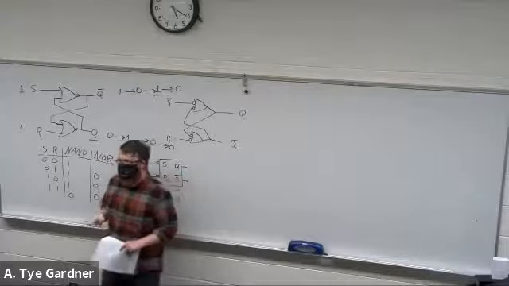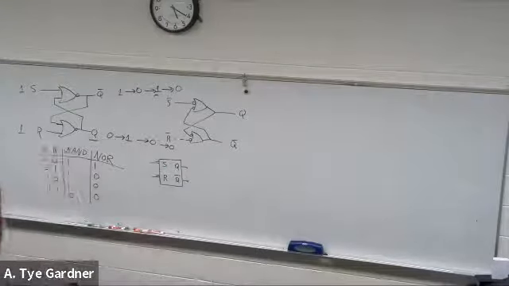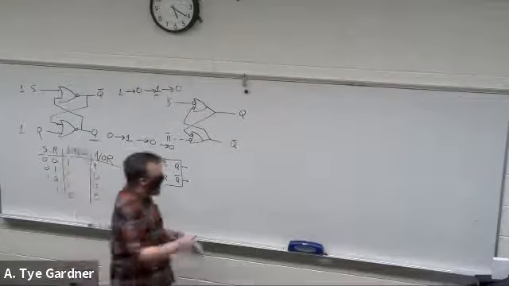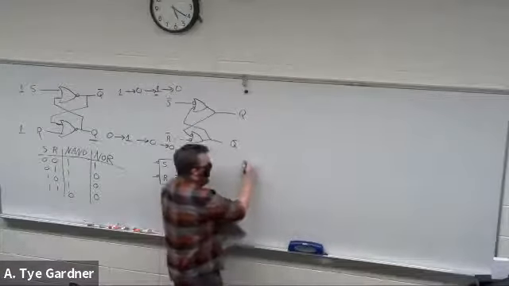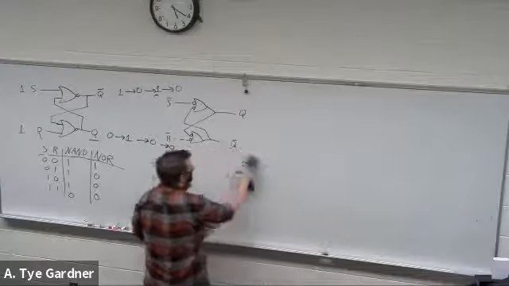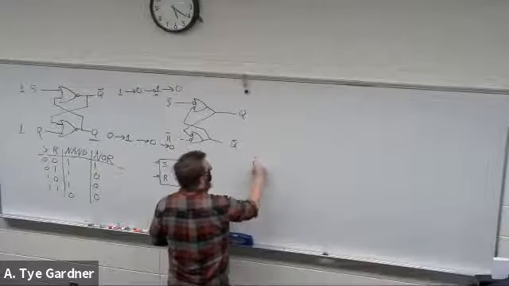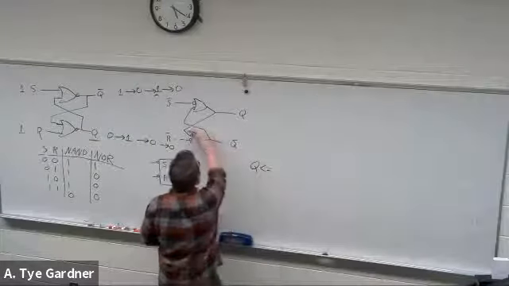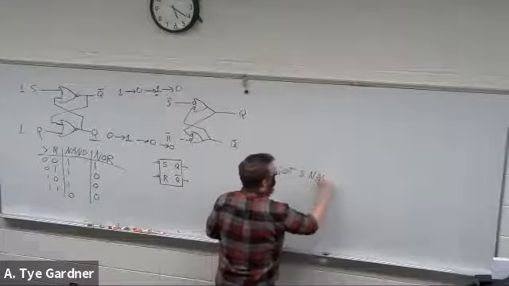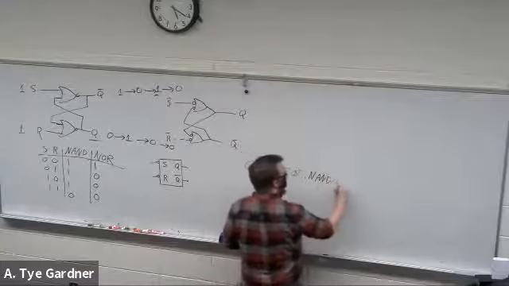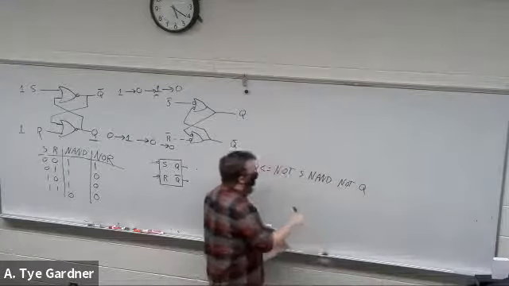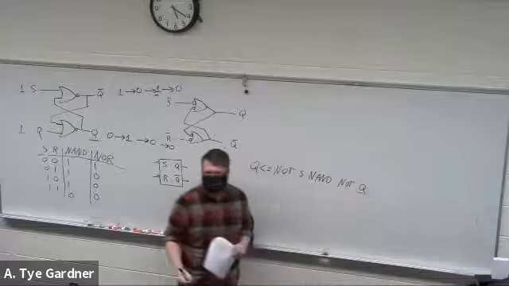not Q, right? But we have this issue too there, is we know, hopefully, and you're gonna run into this more likely as we go along, that if I have some function, well, let's actually just use the example here, where Q is getting assigned to not S, NAND, not Q. But Q is an output, right?